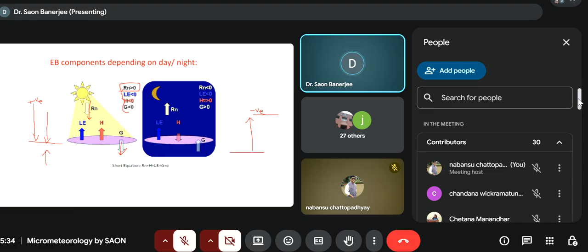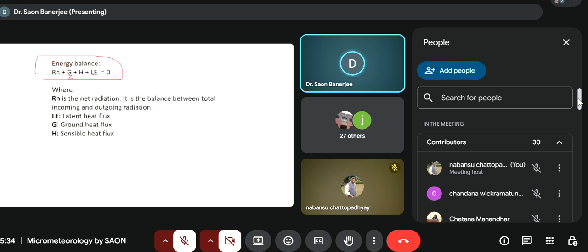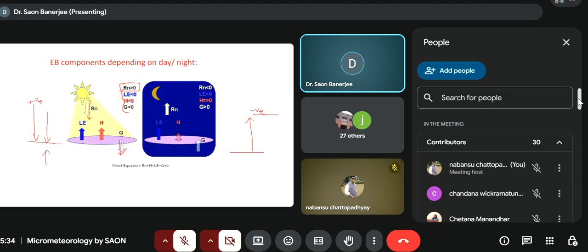If you equate all these, it makes 0. So Rn plus G plus H plus Le, because these three are negative in the morning and Rn is positive, equals zero. That is popularly known as energy balance closure.